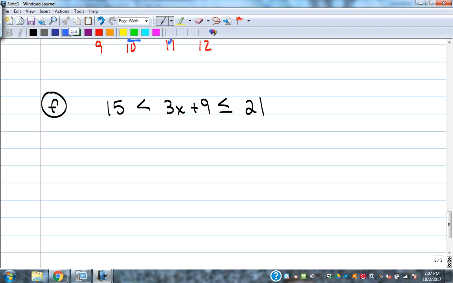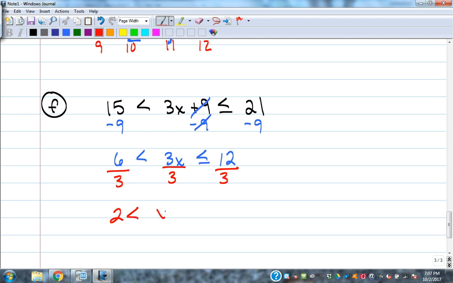What do we do first? If I subtract 9 from the middle, I've got to do it everywhere else. 15 minus 9, 6. 21 minus 9, 12. One last move. Everybody gets divided by 3. 2 is less than x is less than or equal to 4.